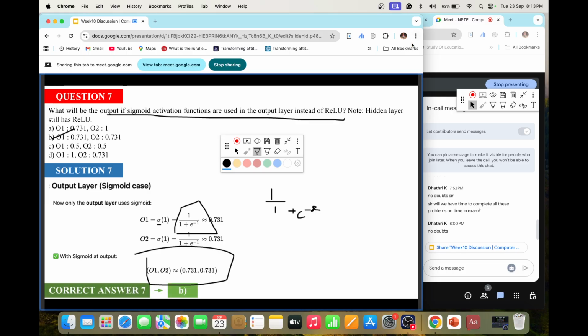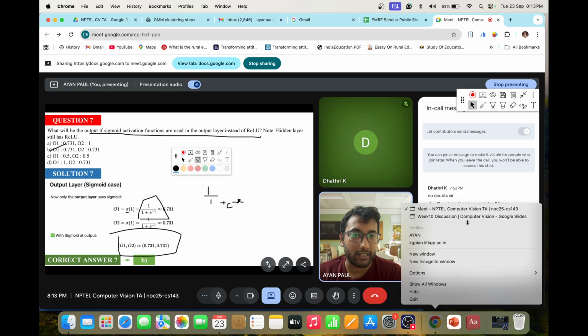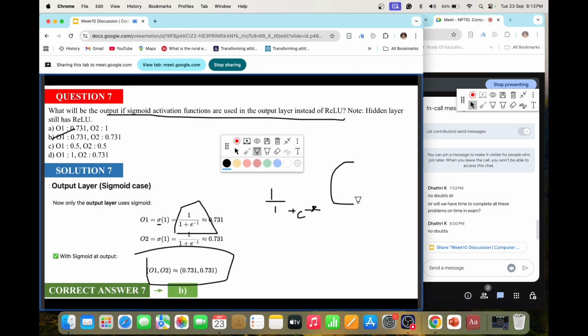So I hope it is clear. Same part, just let me again tell you: previously this summation part is as it is, and in this function, in the earlier question, we were using ReLU, but here we are using the sigmoid function.